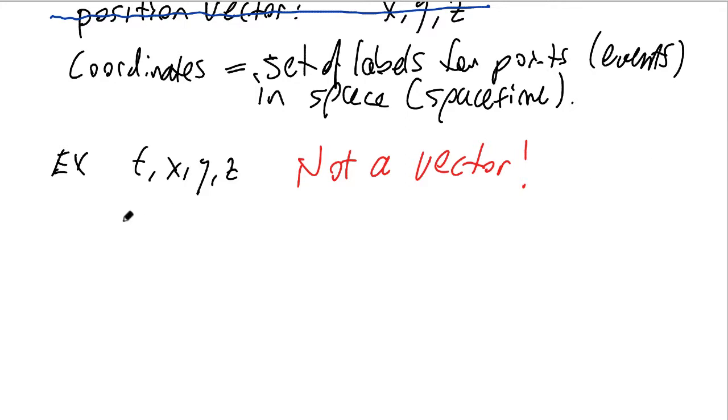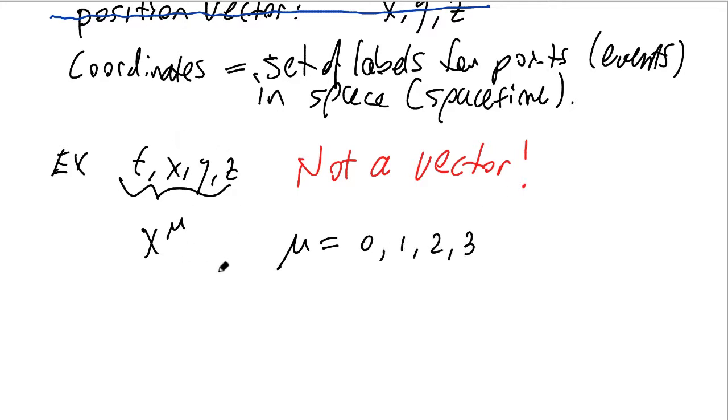Now the standard notation for the collection of coordinates is x mu. So whether the coordinates are t, x, y, z, alpha, beta, gamma, delta, we collect them together into a single symbol x with a superscript mu, where this index mu ranges over 4 different values corresponding to the 4 different coordinates. Usually in space-time context, we let the 4 different values of mu be 0, 1, 2, and 3.